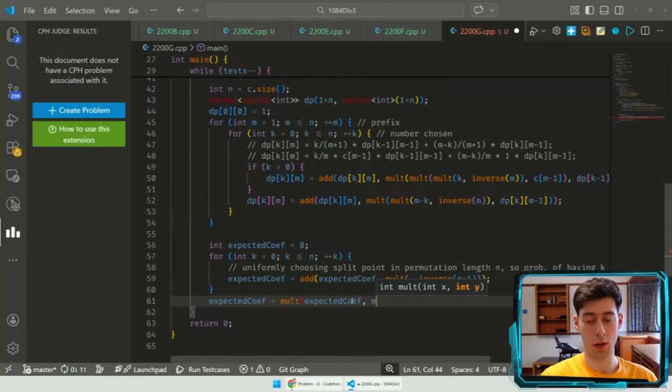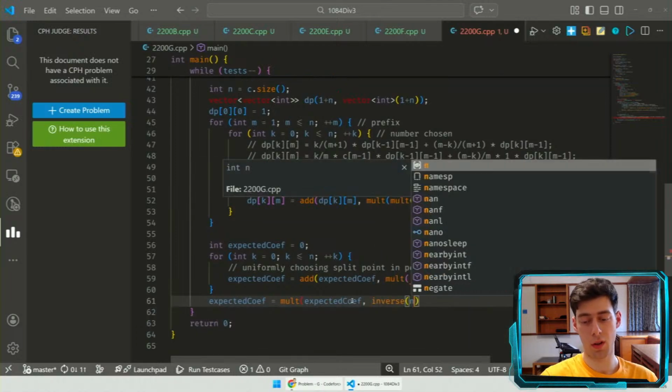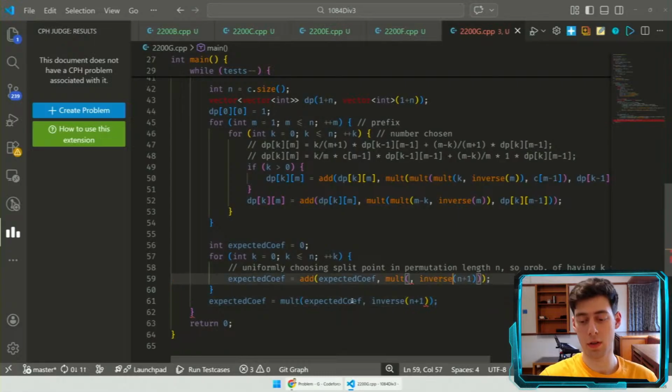I wanted to do it in between just to make it explicit, but I don't need to at this point. I think it's explicit enough.